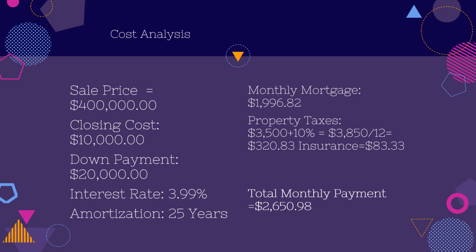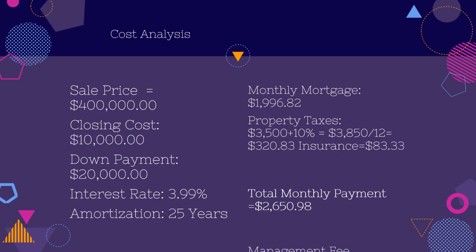So the way we calculate is we add 10% to the property taxes. $3,500 plus 10% makes it $3,850, divided by 12, that is $320.83. Plus the insurance is $83.33. The tenant buyer is paying the insurance for the house because we are purchasing the property on their behalf.